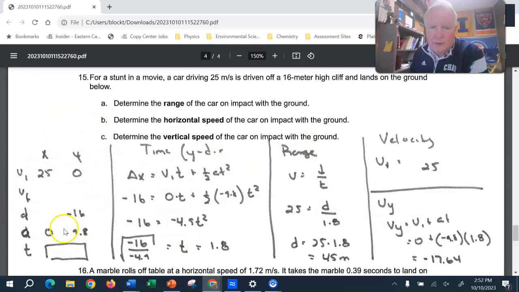We always write what we know. We always use this little part right here to find time, this little part to find range, this little part to find the velocities. If you're scrambling, you're at the end of your rope and you're saying, I don't know what to do, I don't know how to do projectiles, please just remember the final velocity in the x direction is always the same as the initial velocity in the x direction.